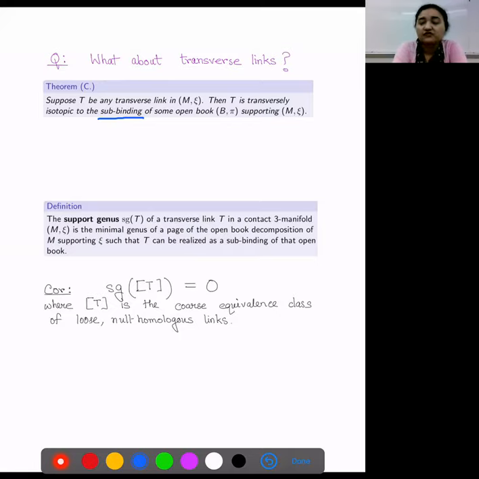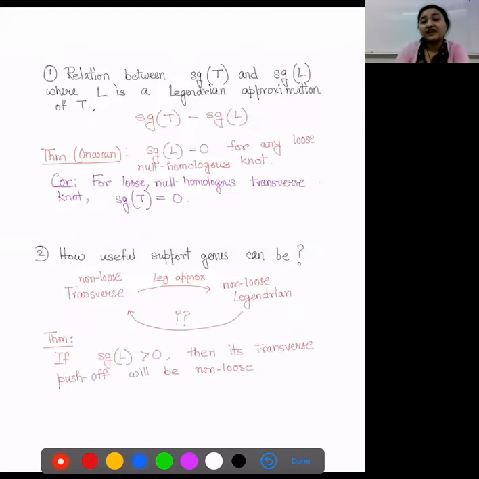It's just that we have to realize it as a sub-binding of the open book. So the obvious corollary is that the support genus of a coarse equivalence class of a loose null homologous transverse link also vanishes. And again, for the same reason as before, I had to use the coarse equivalence class and I couldn't use the isotopy class.